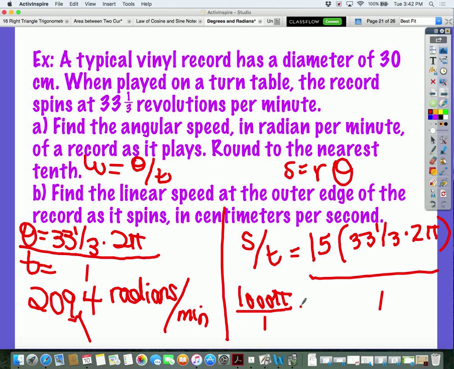And to do that, all you do is multiply that by 1 over 60. I'm going to grab a calculator and do this real quick. And when I divide here, I'm going to end up getting 52.4 centimeters per second. Okay?